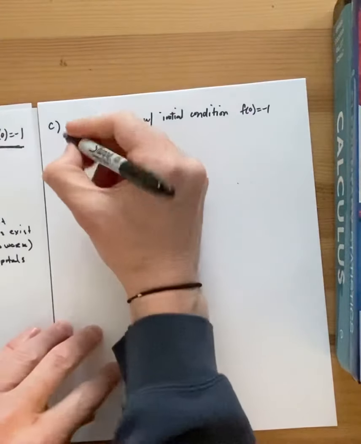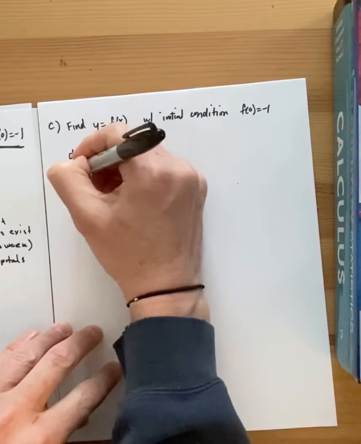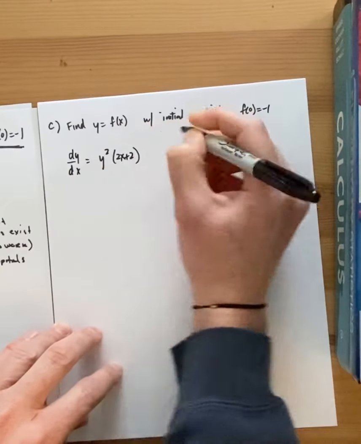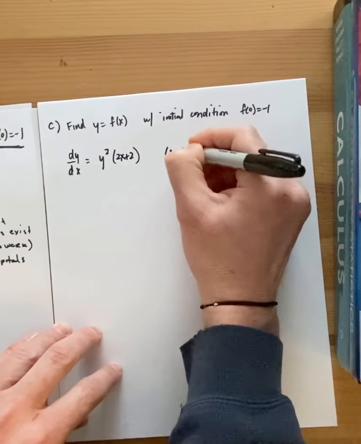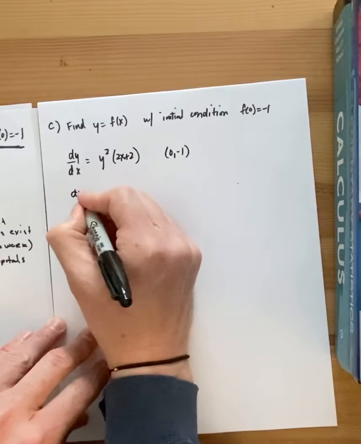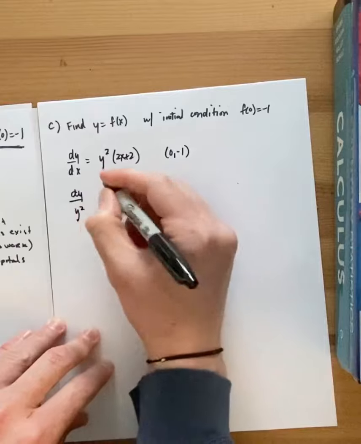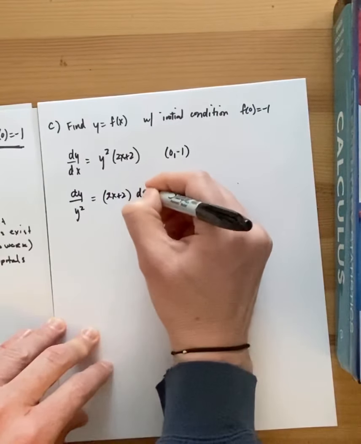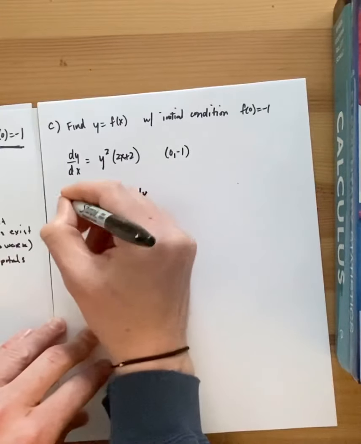And again, I'm going to rewrite our differential. And our initial point is 0, -1. Okay, so separate. Okay, integrate.